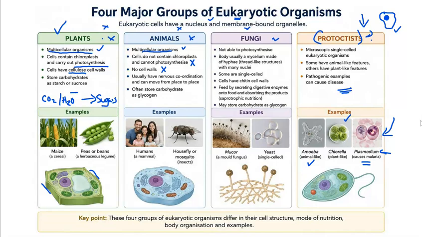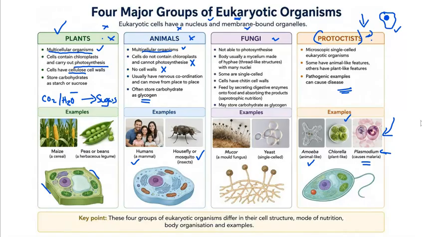These animal cells store carbohydrate as what we call glycogen. We'll visit this in a later video. Animals show tremendous variety, from simple things such as insects all the way through to the complexity of the human mammal like ourselves.